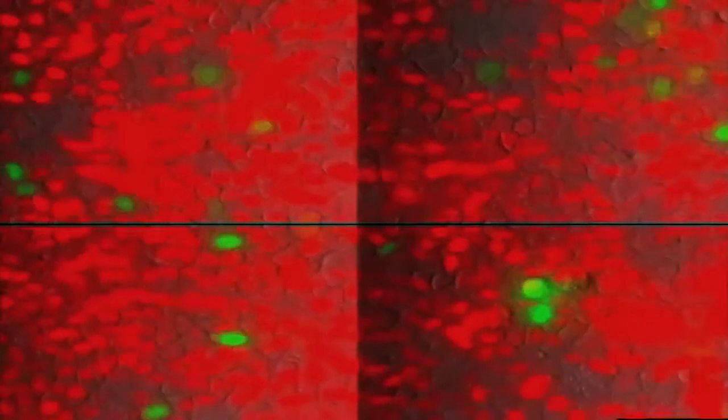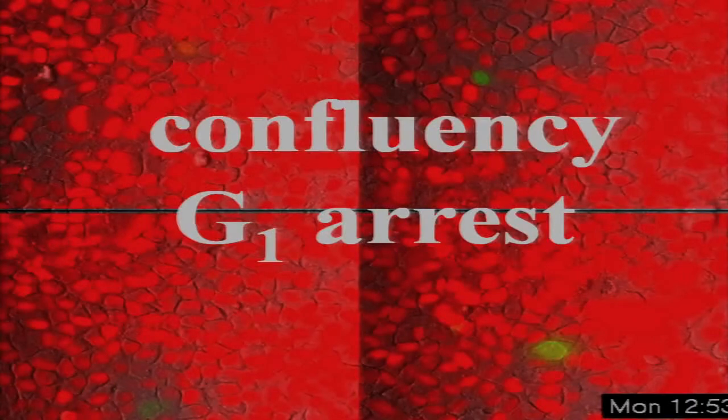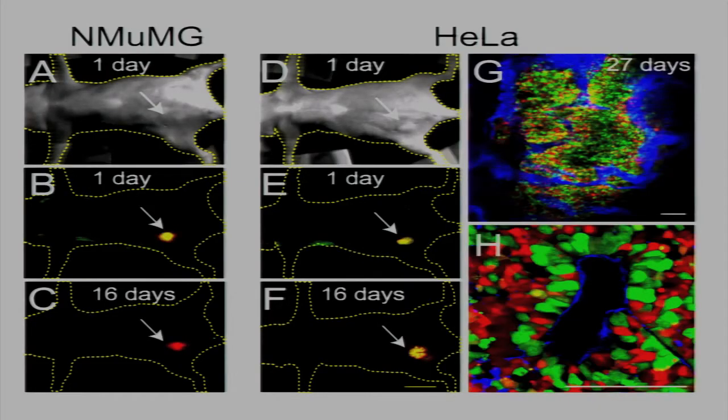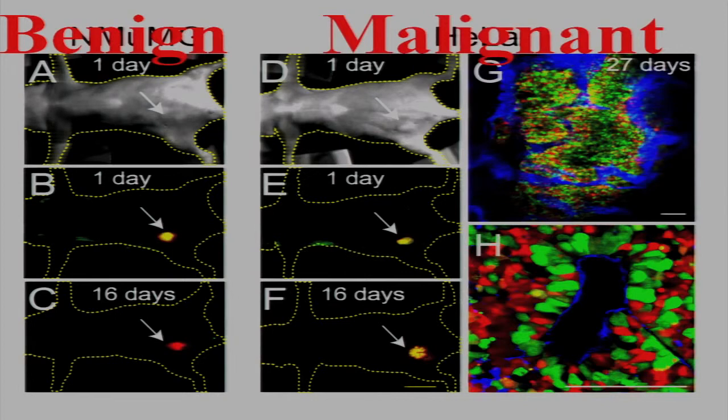In contrast to HeLa cells, NME cells come from a benign tumor. Therefore, the stable transformants show very nice contact inhibition. Upon reaching the confluent monolayer, all of the cells became red and stopped their proliferation. G1 arrest. And also, we could distinguish between the benign and the malignant features of the tumor cells.